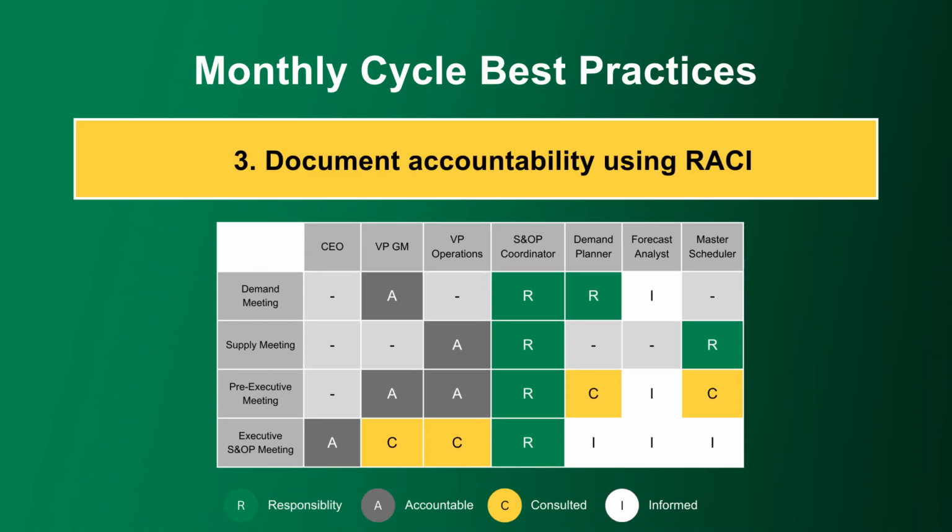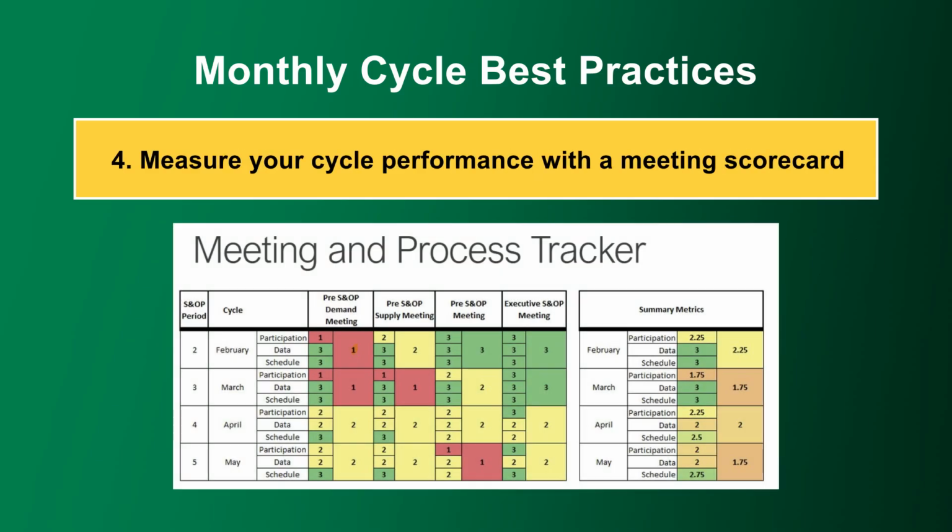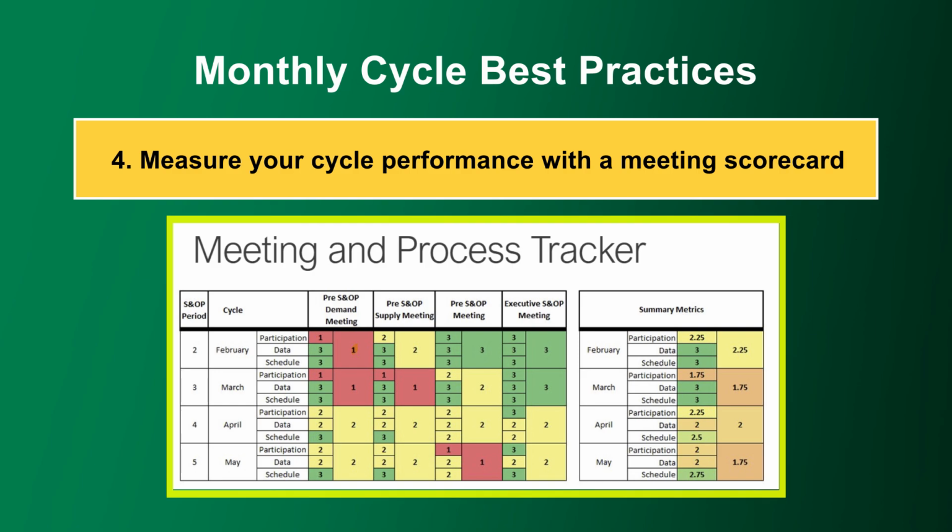Document accountability using RACI. Who's responsible, who's accountable, who's consulted and informed. Measure your cycle performance with a meeting scorecard. I recommend measuring participation, data timeliness and readiness, and adherence to the meeting schedule. Use this scorecard to identify the areas for improvement in the cycle.